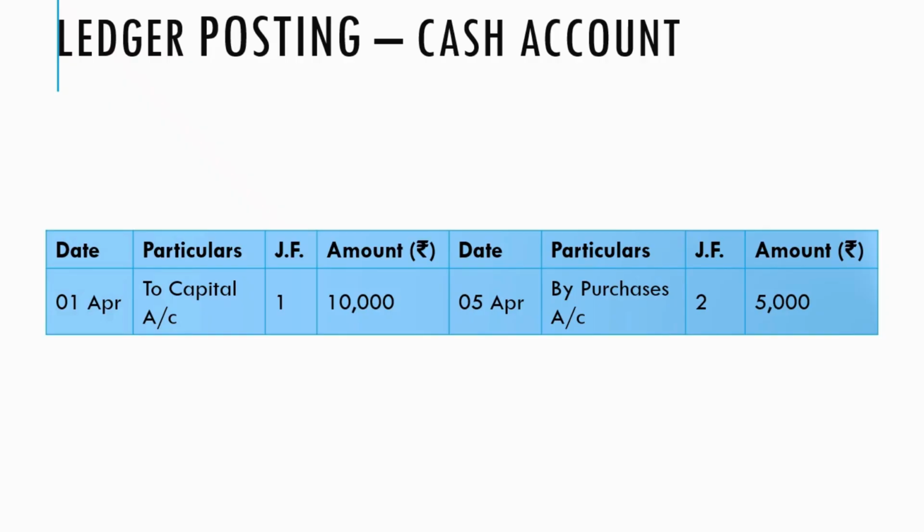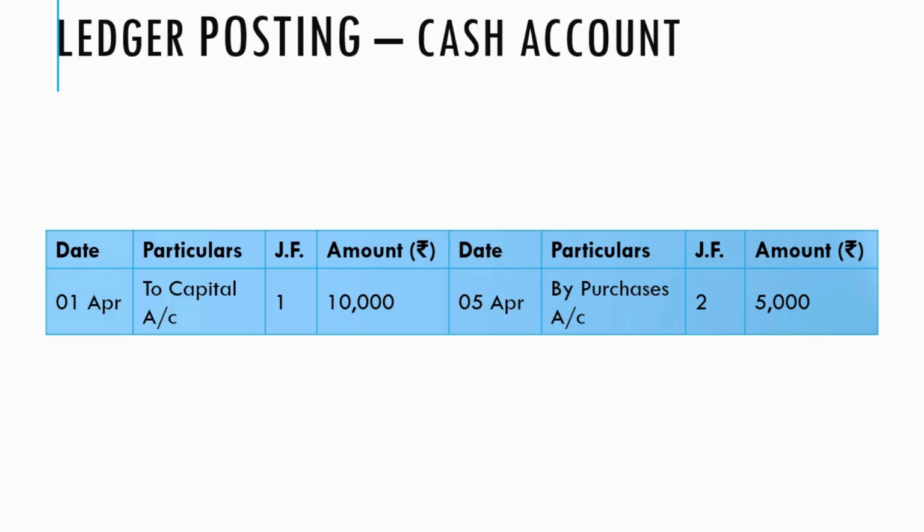Then the second transaction was for the purchases where cash account was credited. Yes, the cash account was credited. So on the credit side, the right side of your table, we are going to put date 5th April, particulars by purchases account, because in the transaction the cash account was credited by purchases account.